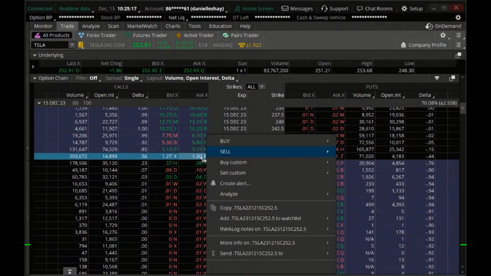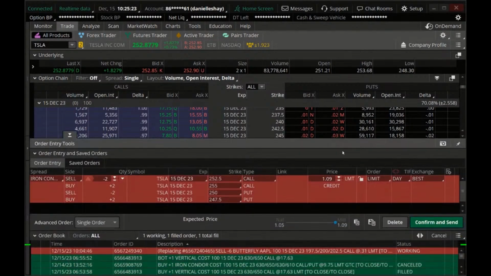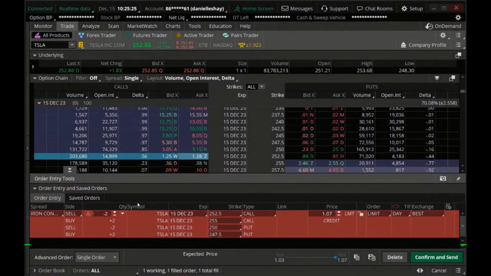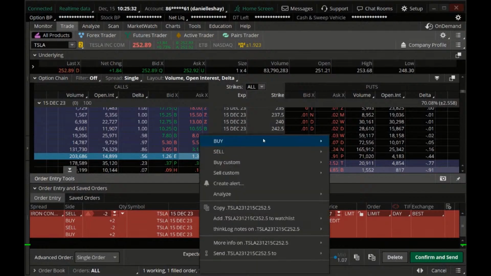to make it centered. My menu goes off onto my other monitor here, but I'll go ahead and set it up. You just click on Iron Condor. You're just going to right click and do sell, and then go to Iron Condor.